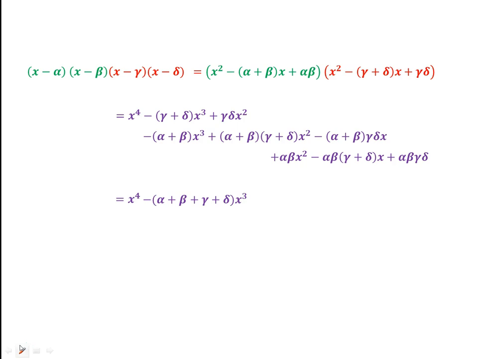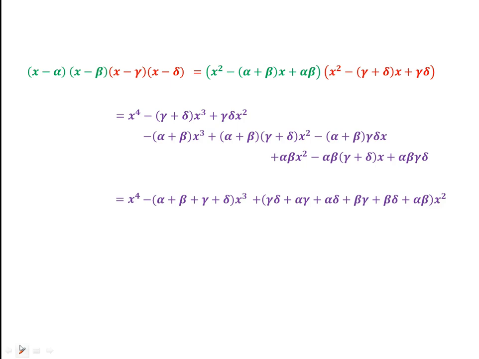Then on the middle line above, we've got (alpha plus beta) times (gamma plus delta) times x squared, and that multiplies out to give me alpha gamma plus alpha delta plus beta gamma plus beta delta, lots of x squared. And then on the bottom of the three lines, we've just got alpha beta times x squared. So altogether, we've got gamma delta plus alpha gamma plus alpha delta plus beta gamma plus beta delta plus alpha beta, lots of x squared.